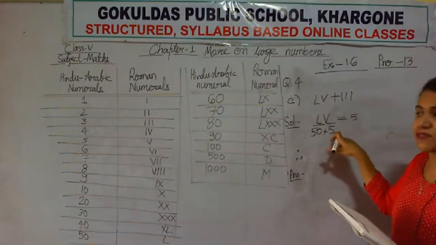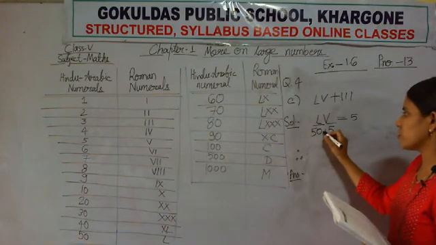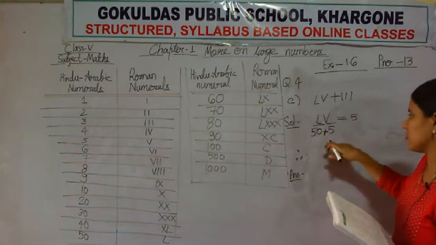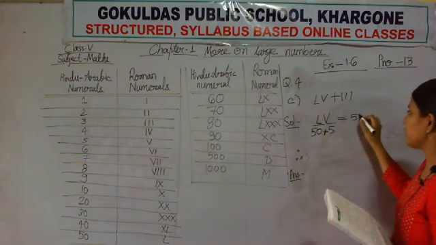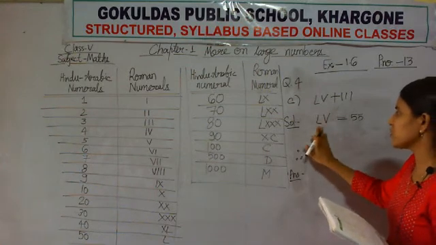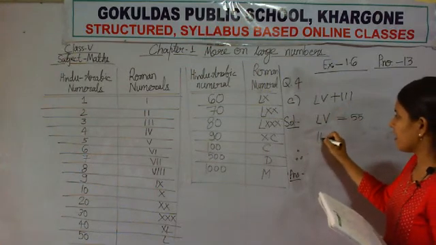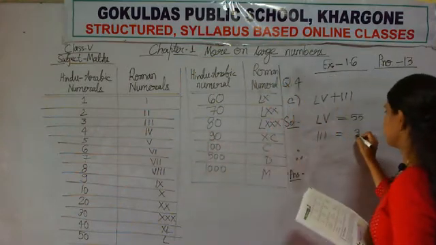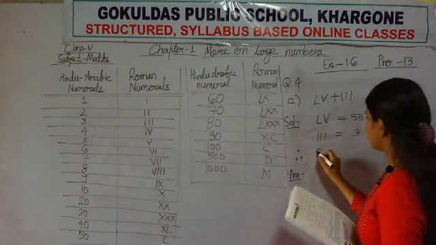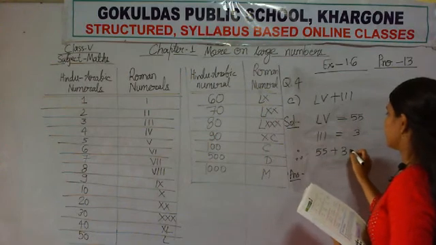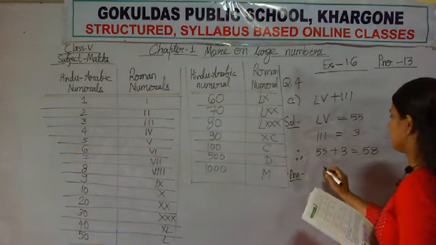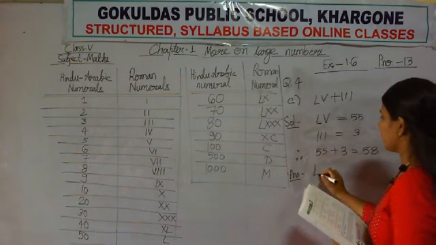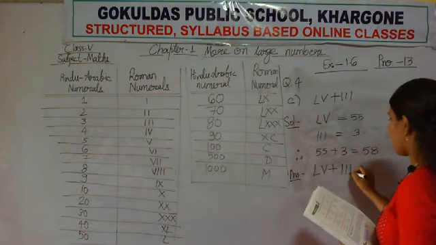The smaller number is right to the larger number, so it shows addition in the Roman system. So 50 plus 5 is 55. LV means 55. III means 3. Now add them. 55 plus 3, you will get 58.